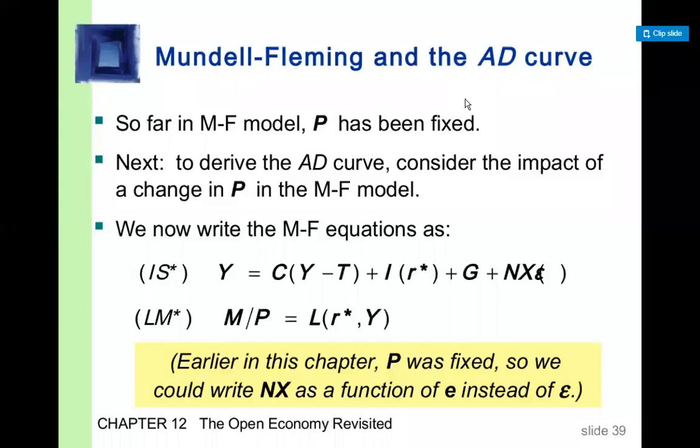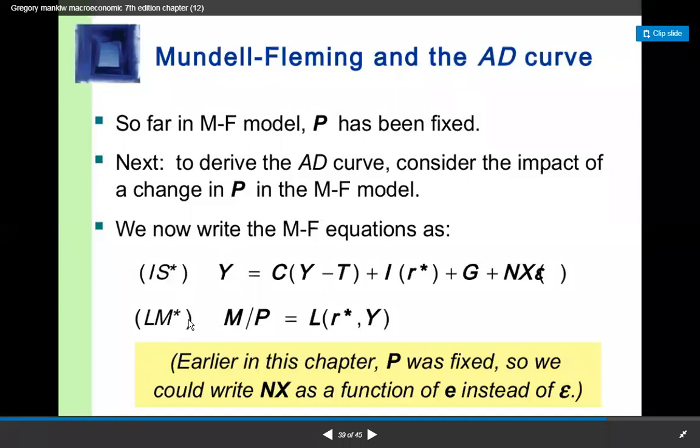The IS curve has a negative slope and the LM curve has a positive slope. We have already done this. The same derivation of aggregate demand applies here. Similarly, we derive the aggregate demand curve with the intersection of the IS curve and LM curve.